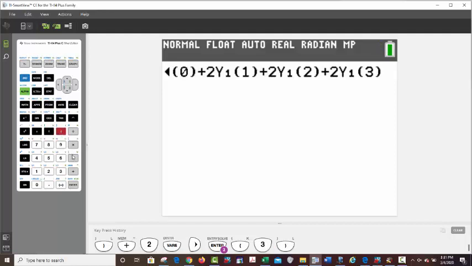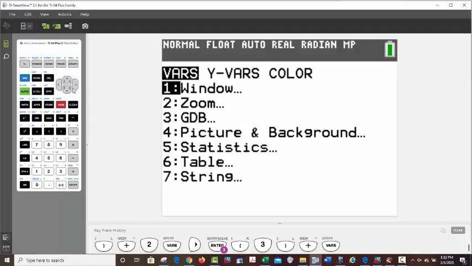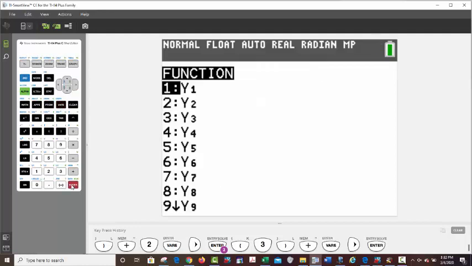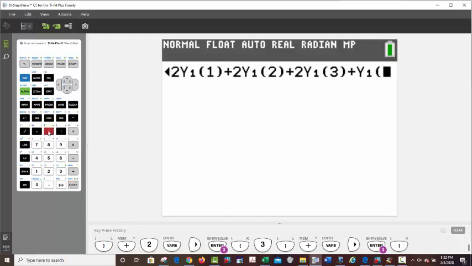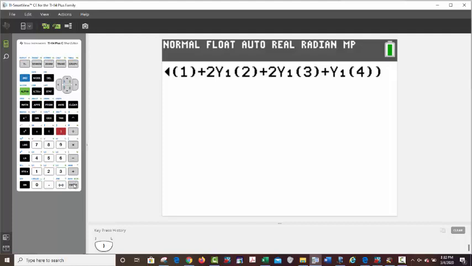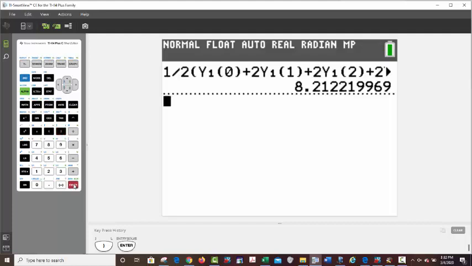All right. And then f of 4. So close that off, and then, of course, the 1 extra parentheses there to close off everything after that 1/2.